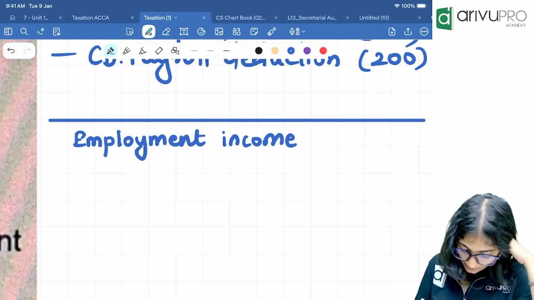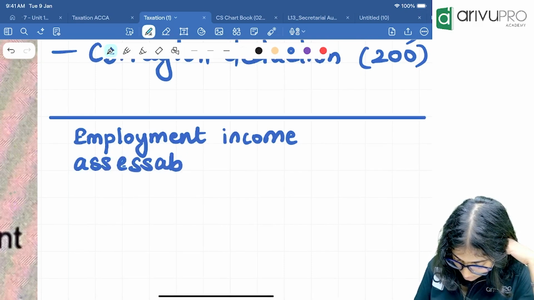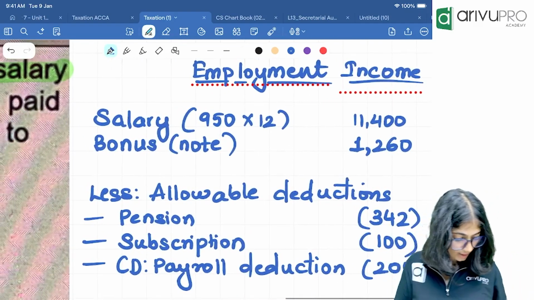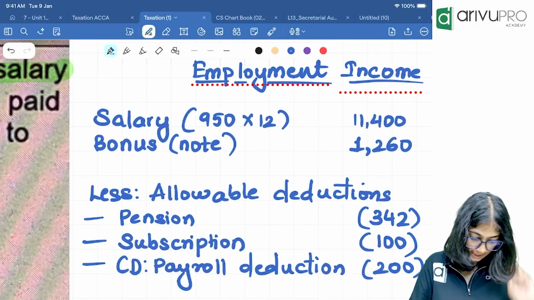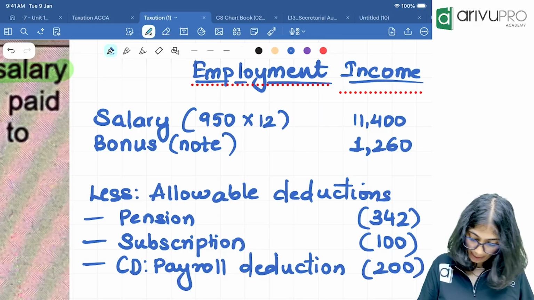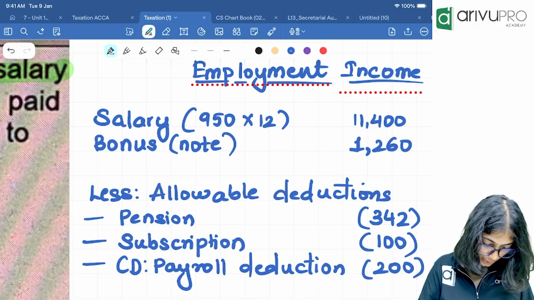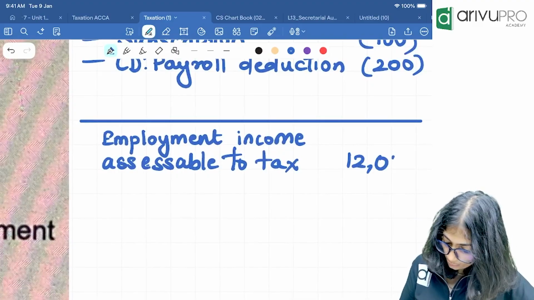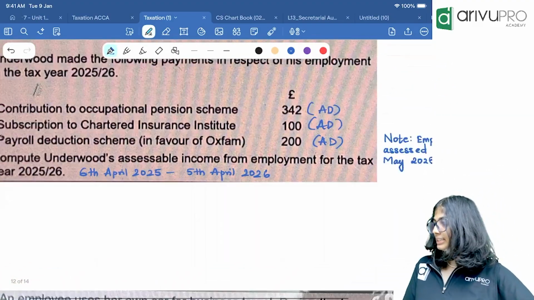Employment income assessable to tax is how much? 11,400 plus 1,260 minus 342 minus 100 minus 200. How much is that? 12,018 pounds. This is your income that is assessable to tax. Simple.